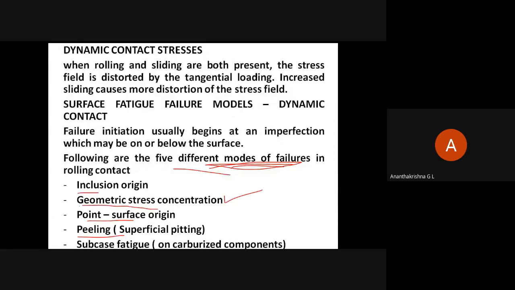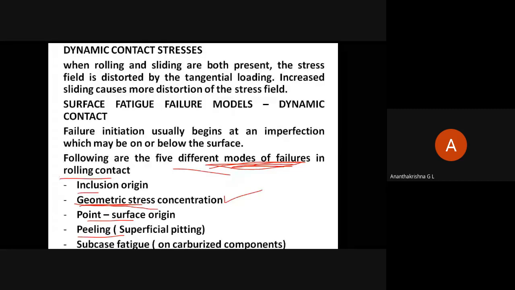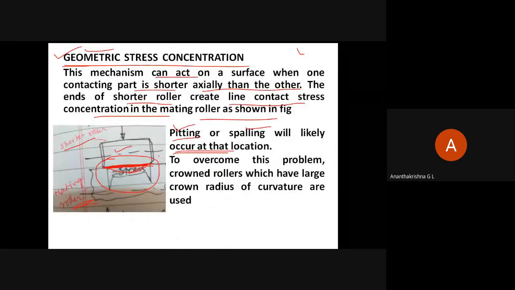How the geometry of each component would affect or contribute to the failure of the component is what we are trying to understand, especially in case of rolling contact. Is that okay? You can imagine this to be a roller bearing, where you have a shorter roller mating with a larger roller over here.